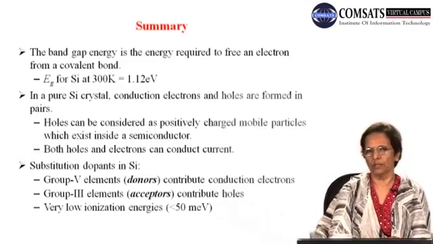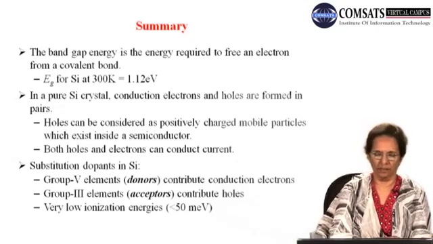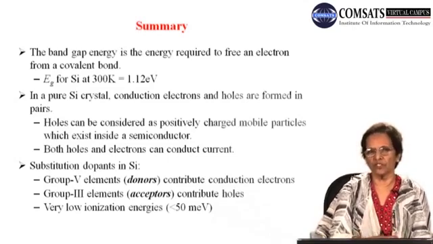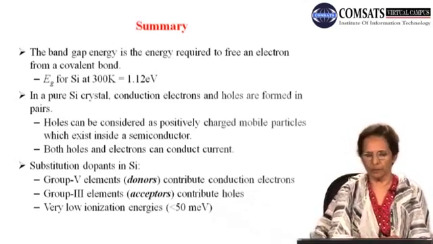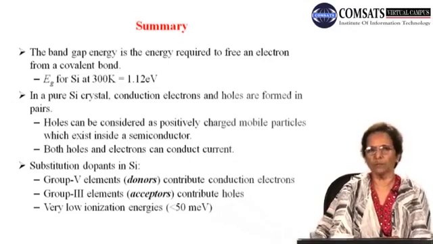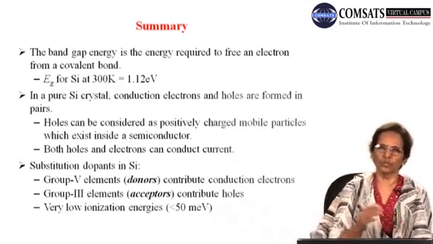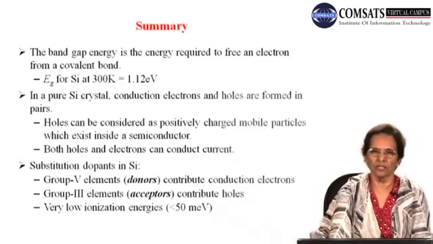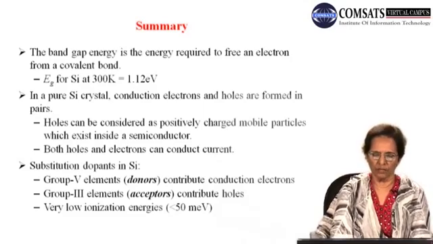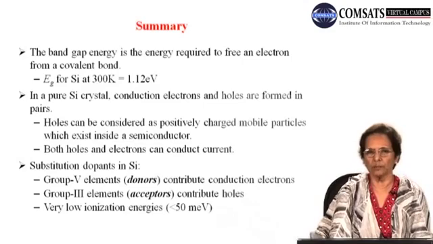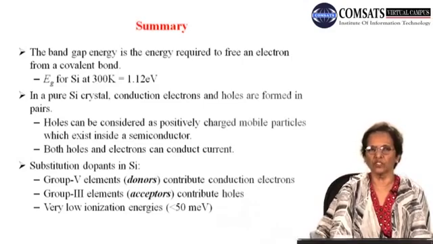When you dope a silicon crystal by adding dopant impurity to make it extrinsic, or to make it n-type, or to make it p-type, then the appropriate dopant is chosen either from the third group of the periodic table, which will make the material p-type, and the ionized impurity is termed an acceptor.